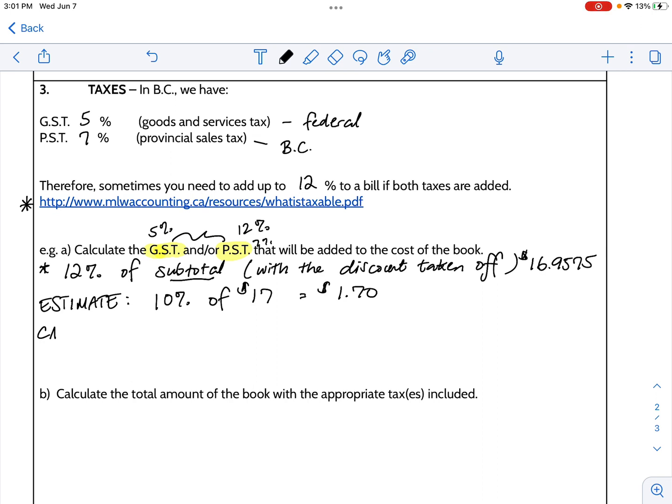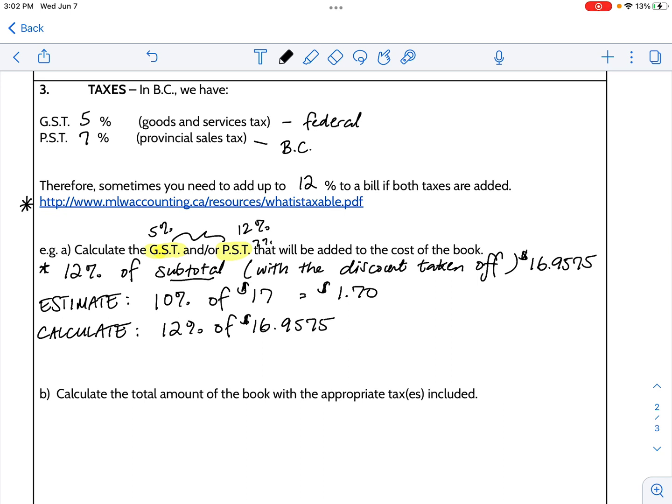And when you actually calculate it, you're going to take 12% of 16.9575. For this calculation, you can pull out your calculator for this one only.